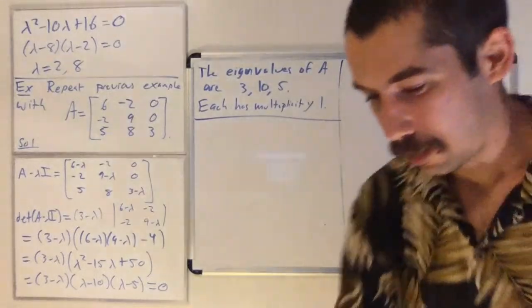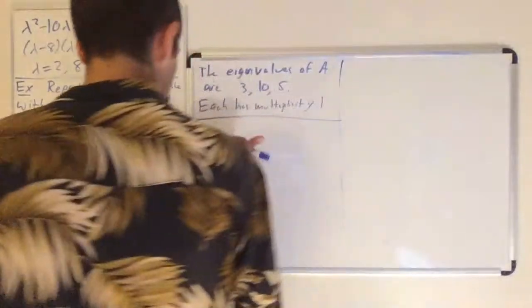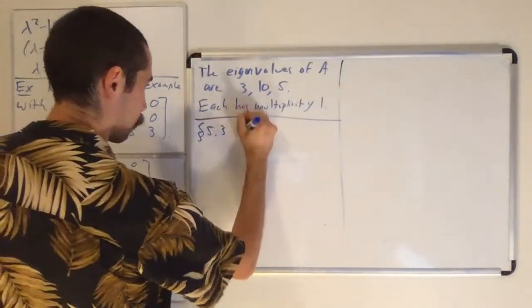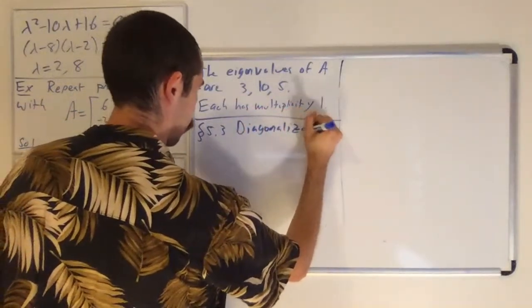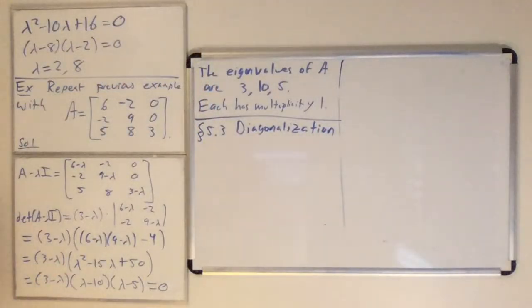Okay. So let's move on to 5.3, which is diagonalization.